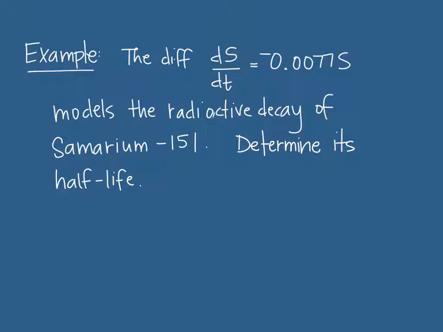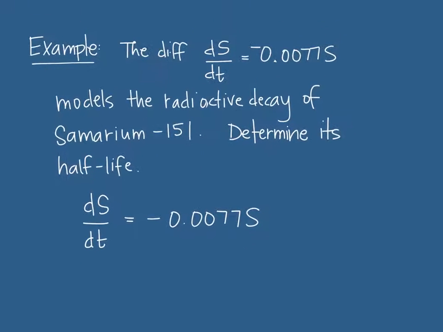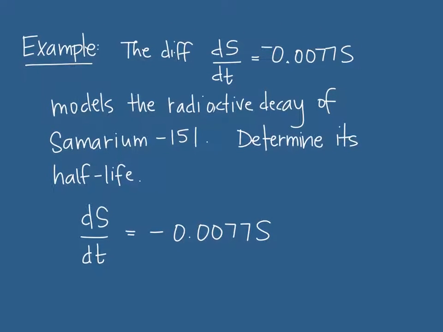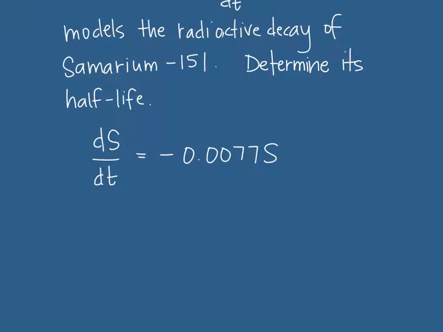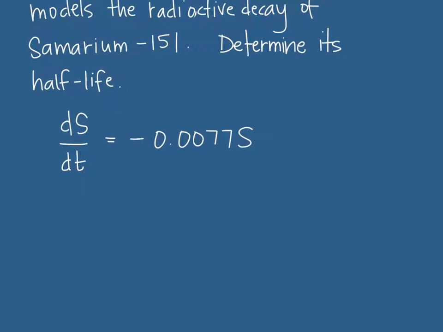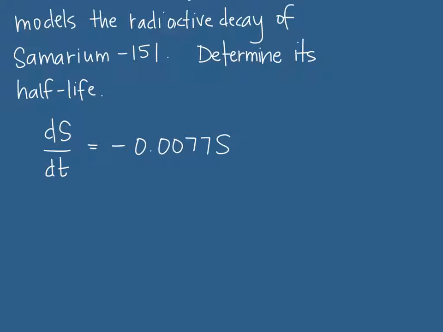So ds/dt being equal to negative 0.0077 s. There's a shocking lack of information, but you can still find its half-life without knowing any of that. Because you have to make an assumption.